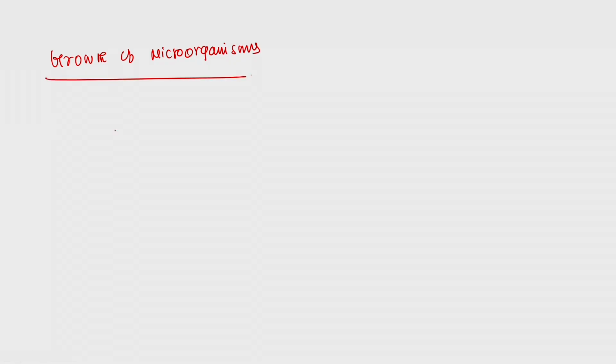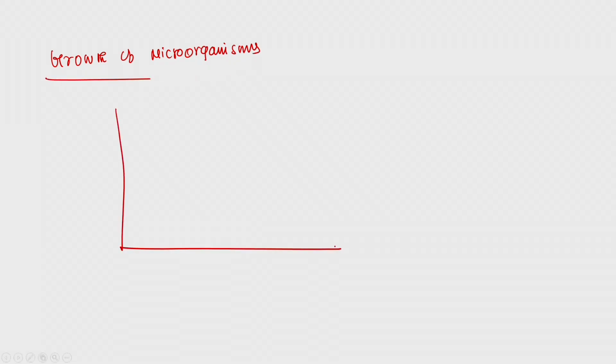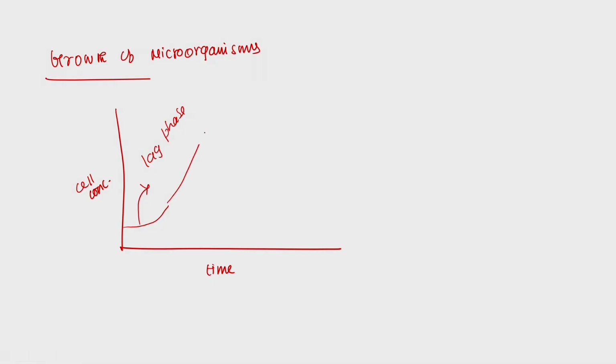So, if you go a little bit into the growth of microorganisms, the normal growth curve is something like this, right. We call this the cell concentration, over time. There is something called the lag phase, where the cells acclimatize to the environmental conditions, and then there is exponential growth.